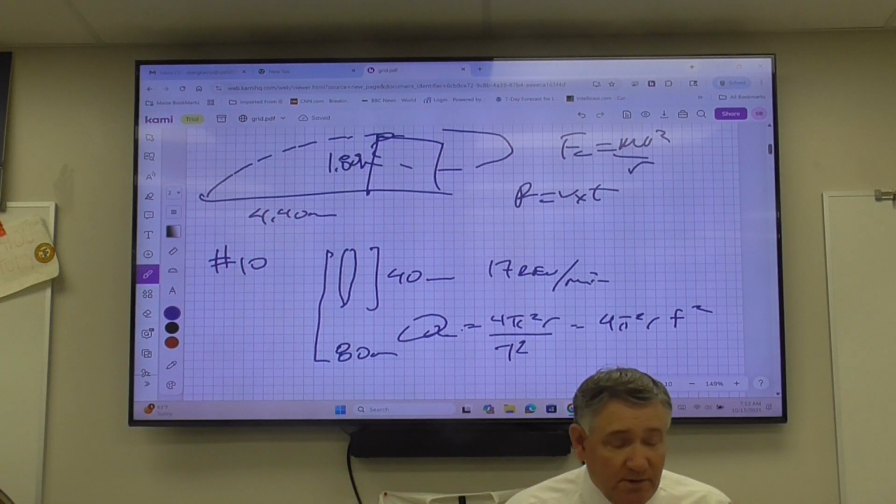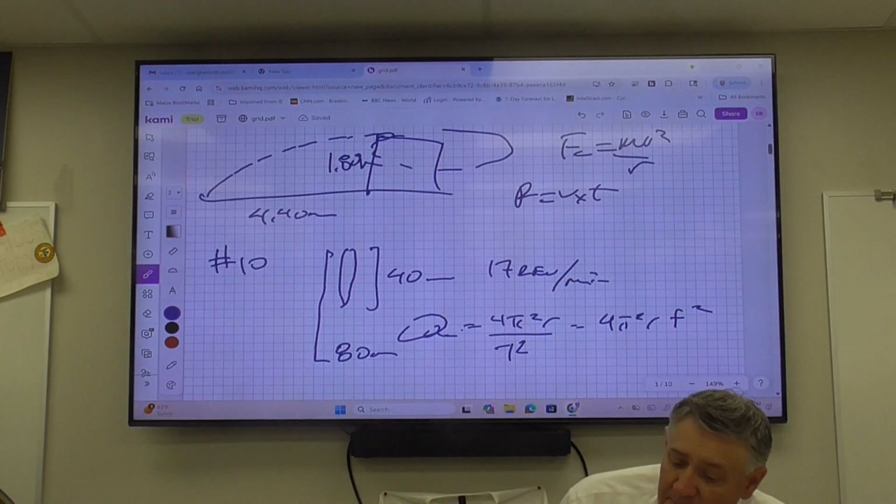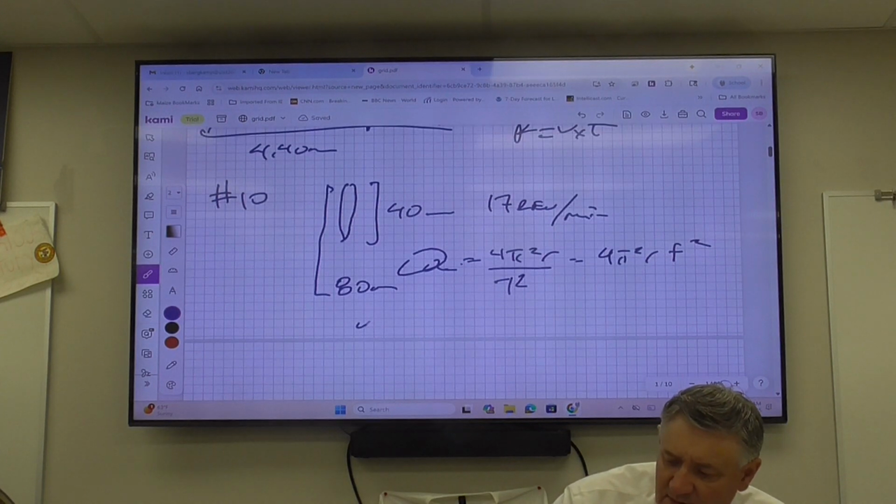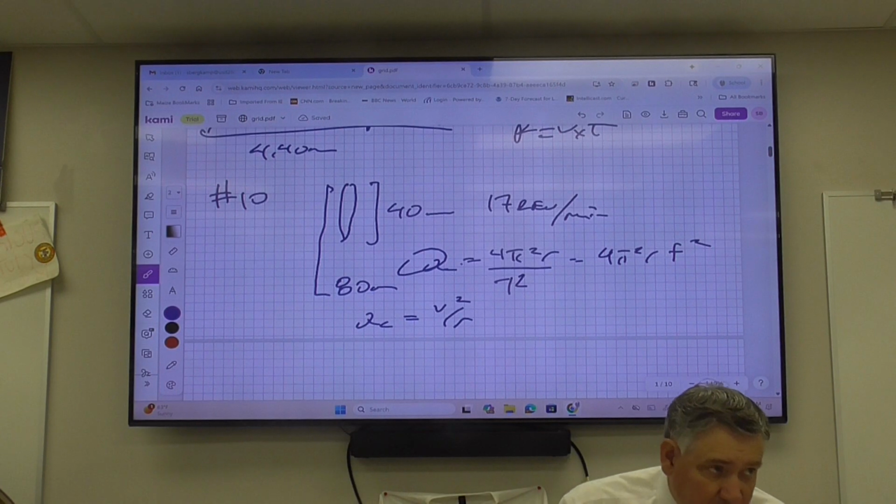I'm not saying that you have to, but that's an option. Then, knowing the centripetal acceleration, you could go, centripetal acceleration equals v squared over r. Okay? I like this. Good work, Mr. Burkamp. I'm just telling you.